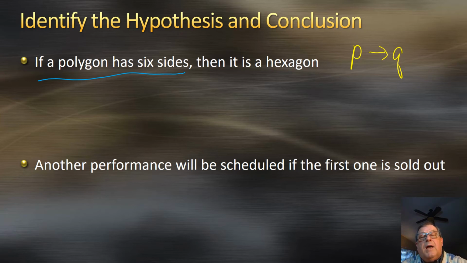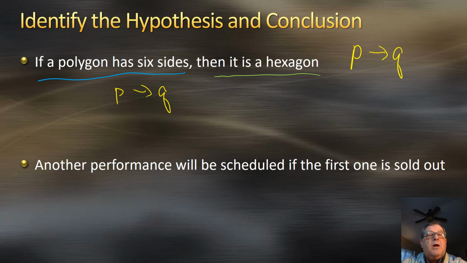If a polygon has 6 sides, then it is a hexagon. And that then helps me identify the conclusion. So if P, then Q. A polygon has 6 sides, that's the hypothesis. It is a hexagon, that is the conclusion.